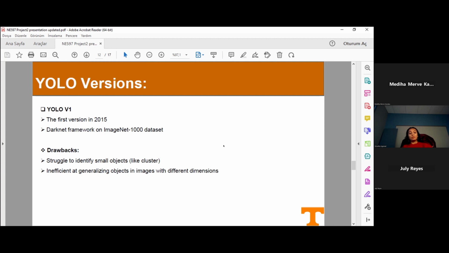And then the concept of YOLO V2 came. They introduced the concept of anchor boxes. Anchor boxes are predefined boxes that you give on the basis of k-means clustering. So you define the sizes. For example, in our case, we will have a lot of voids and bubbles, so we will define some kind of anchor boxes.